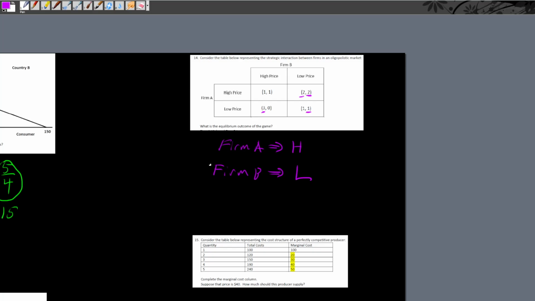Interestingly, in the way this game is formulated, the strategic outcome actually maximizes the total profits generated in this market. So if we add up the profits in this cell, it's larger than the profits in any other cell, which isn't necessarily going to be the case in every game.